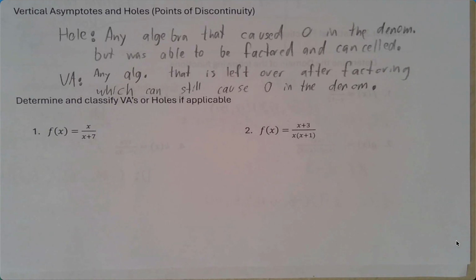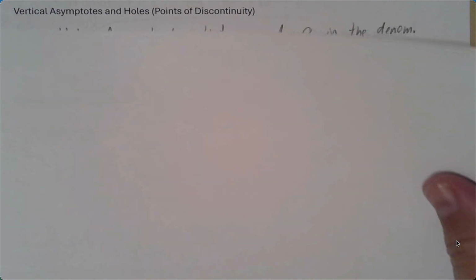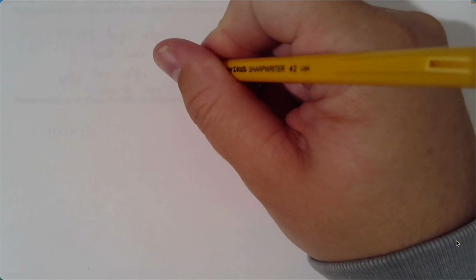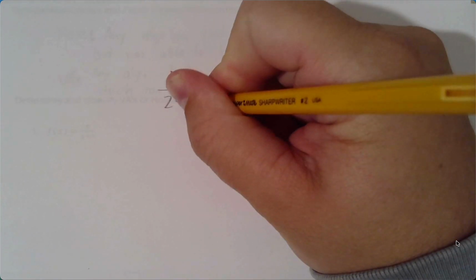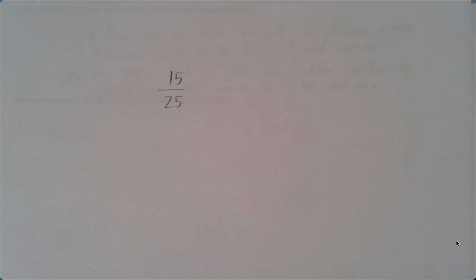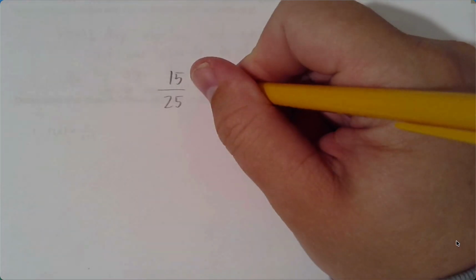Now, I think it's important to review this concept. And once again, I'm going to pull out just a blank page, not on the notes, and just show you something here. So let's say we had 15 over 25. And the question is, can this be reduced, is another way of saying it.